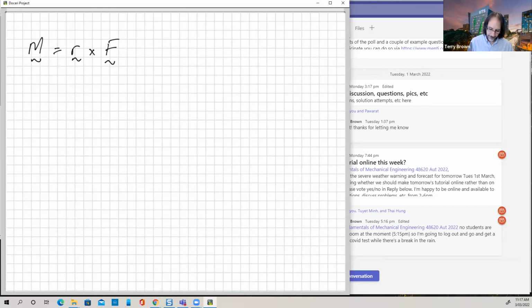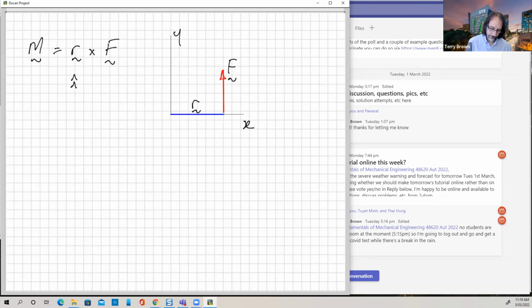So if we have X and Y like this, and if I have a force here, say F, so that's a vector F, and this is a vector R. What's the unit vector of the direction of this vector R? I, J, or K? All right, good, yeah.